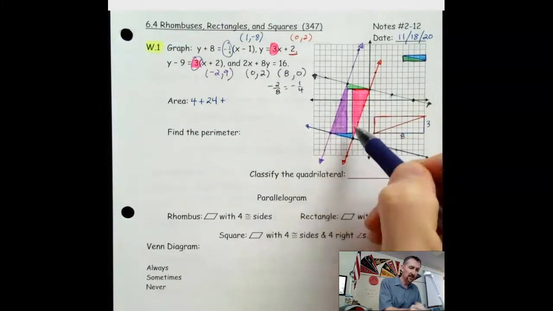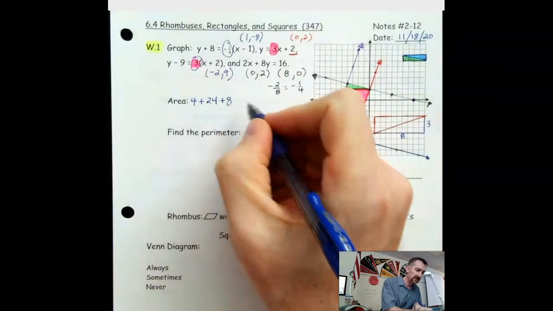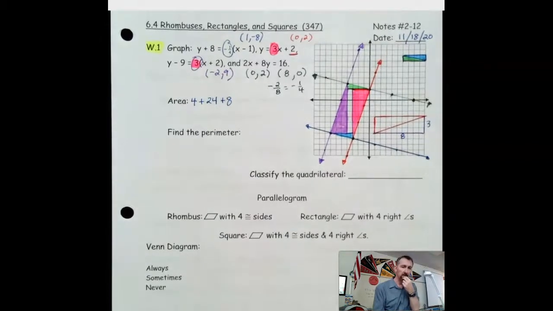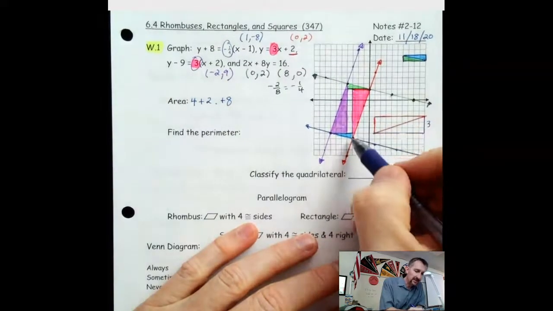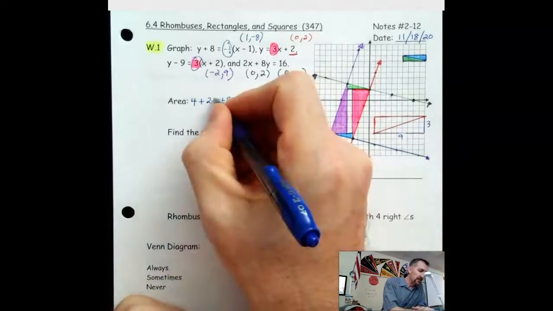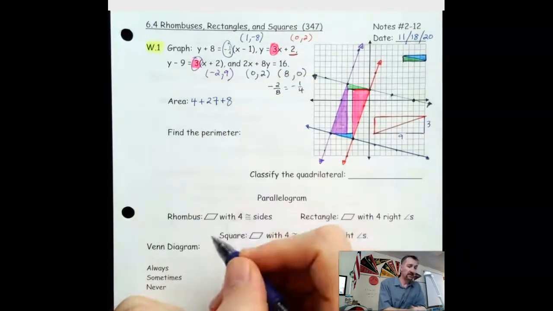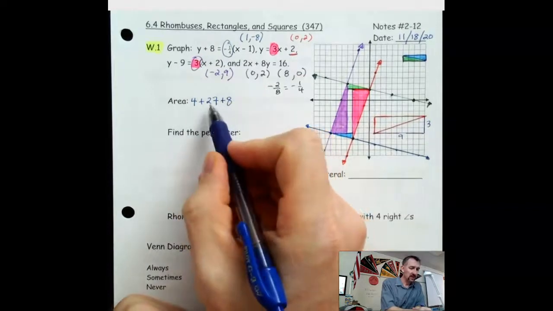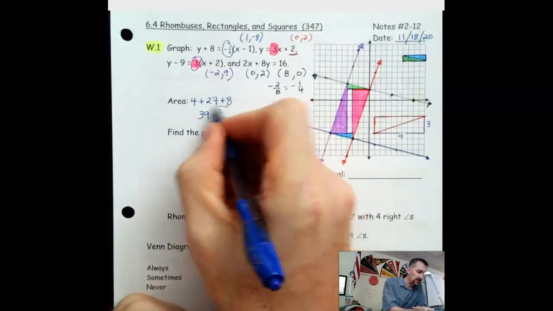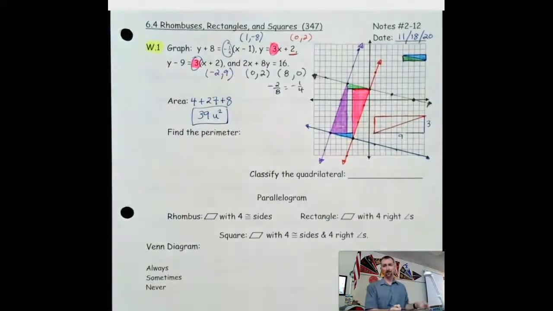That's 8 by 1, a rectangle. So that's 8. All right, small miscalculation there. That's actually 9. Miscounted. That's 9. So 9 times 3 would be 27. So that's 12 plus 27. That's 39 units squared. Okay?